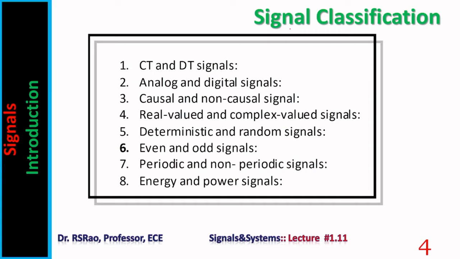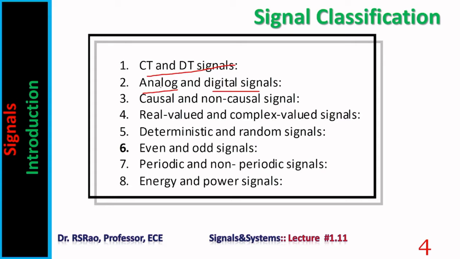According to this classification, signals can be divided into CT and DT signals. CT stands for continuous time, DT stands for discrete time. Another classification is into analog and digital. Analog is a kind of CT. Digital is a kind of DT.